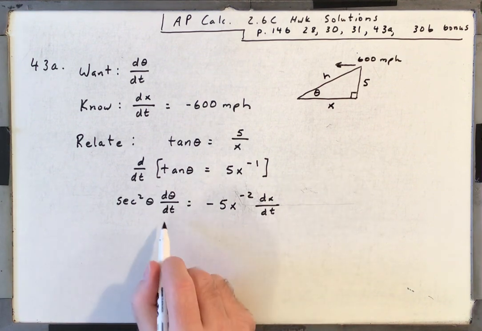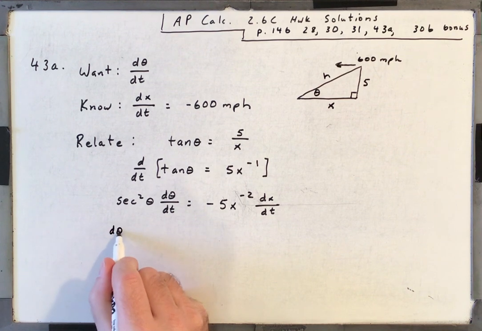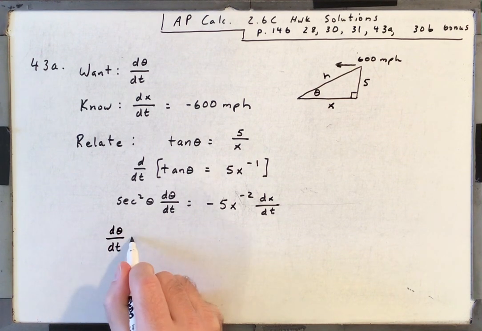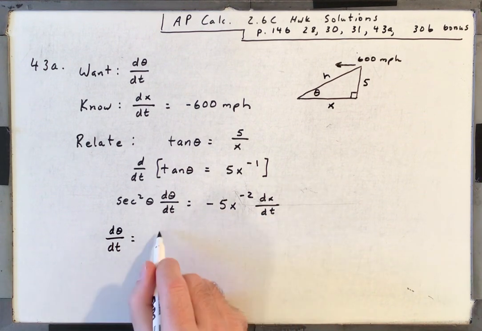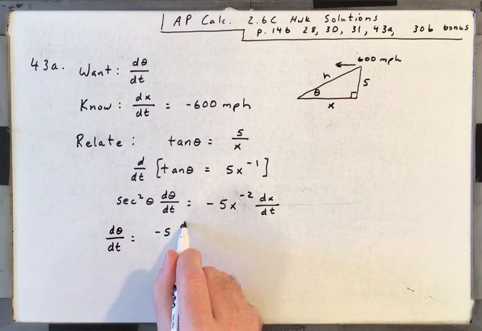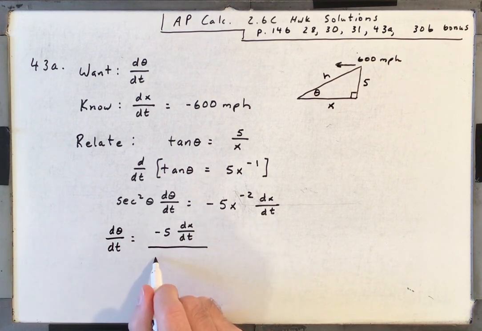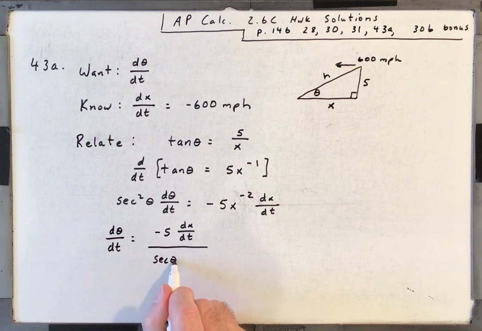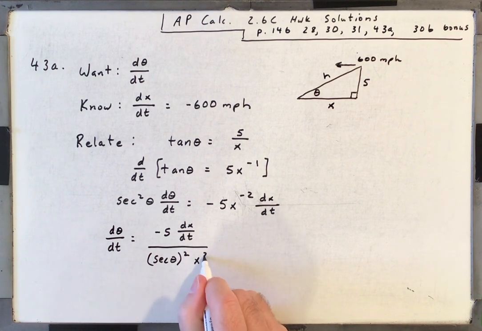All right, so solving for d theta dt, it's going to be -5, stays on top. Then we have dx dt over secant theta, and I'm going to write it like this, all squared, because that's what that squared means, times x squared.